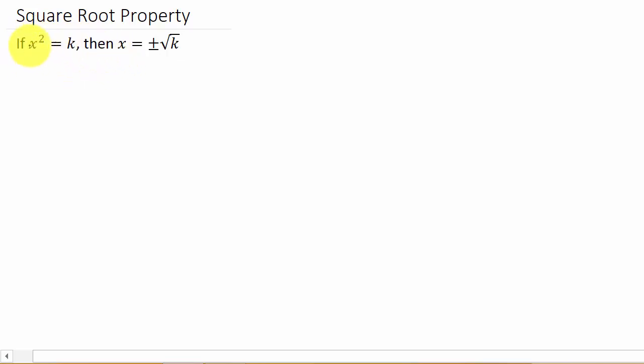So if we have something squared is equal to a number, then whatever was squared is equal to plus or minus the square root of this number here. Okay, so if you have a quadratic equation like this, you cannot use the square root property because of this term here with the x.